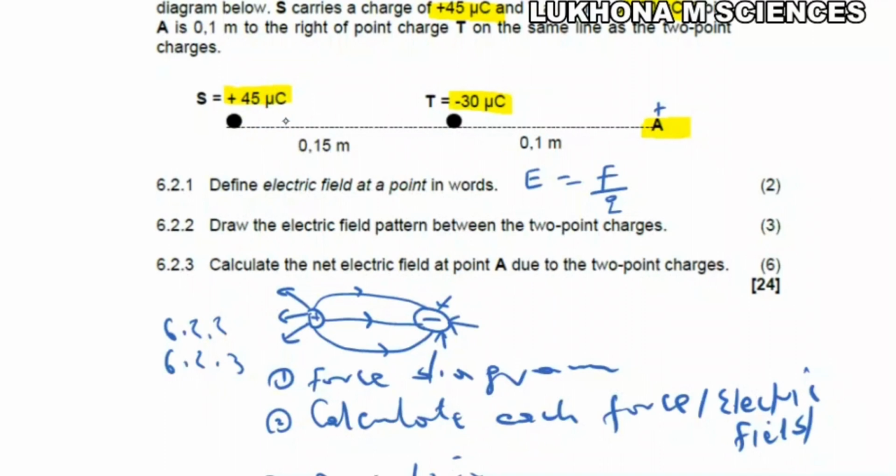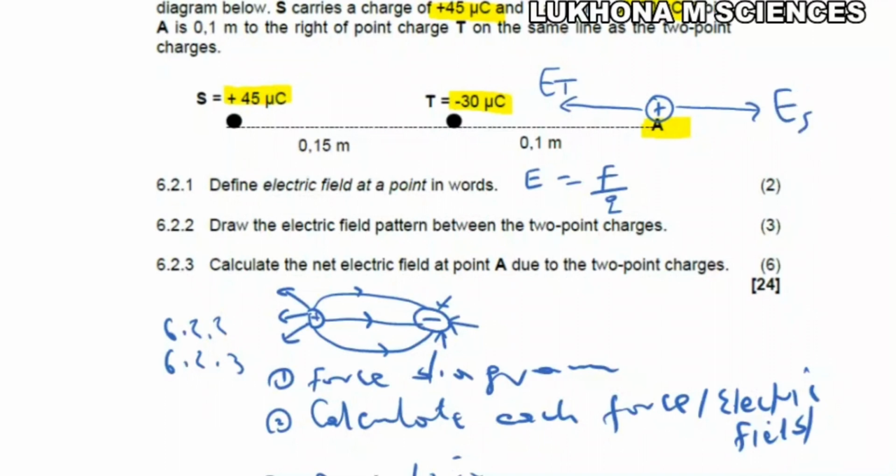Here A is positive, T is negative, therefore there is a force of attraction, so the electric field points towards T. Then this one is positive and this one is positive, so there is repulsion.